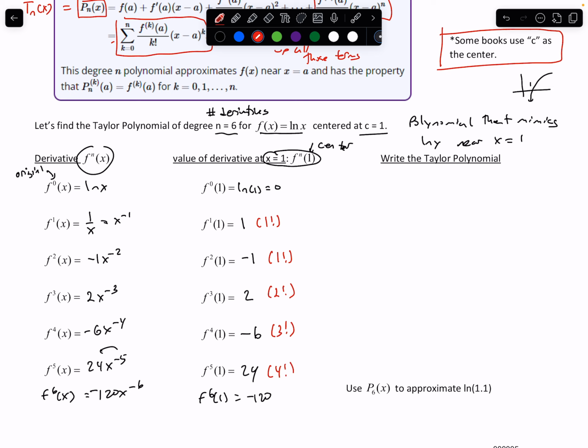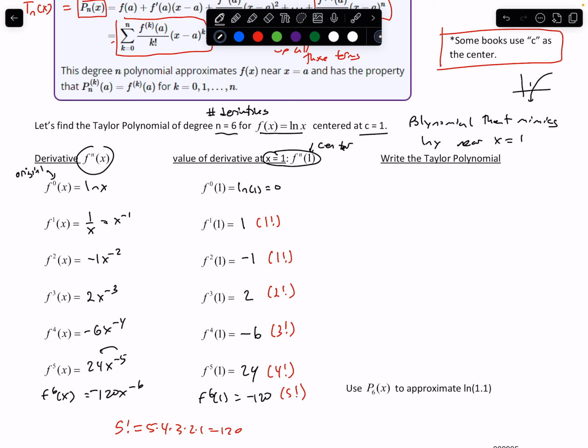This is 4 factorial, and this is just 5 factorial. Now, of course, they have different signs there. Remember, factorial is just saying we're multiplying. So if I have 5 factorial, that's 5 times 4 times 3 times 2 times 1. That's how we get the 120. All right, so that's going to become helpful for us later on. We don't really have to simplify right now, but later on it will be helpful to remember those if we can recognize that pattern.